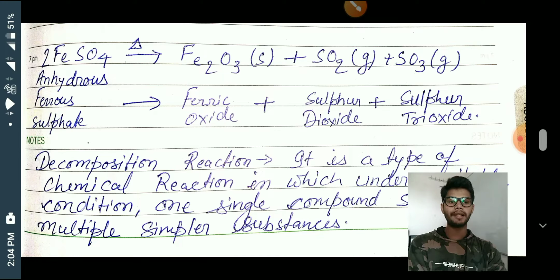These are the components formed from the anhydrous ferrous sulfate. Here you see that one compound breaks down into many components.